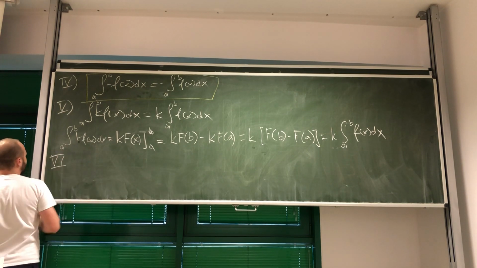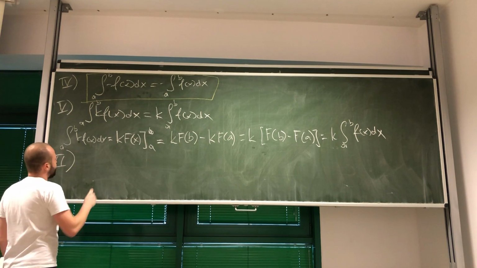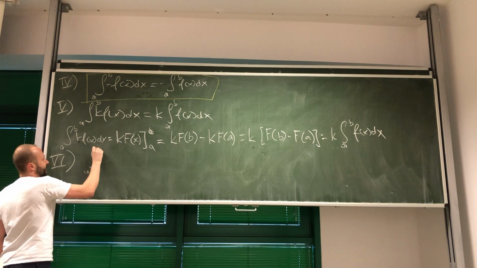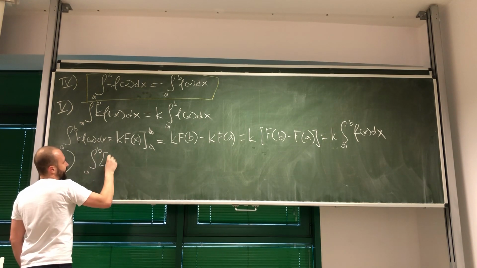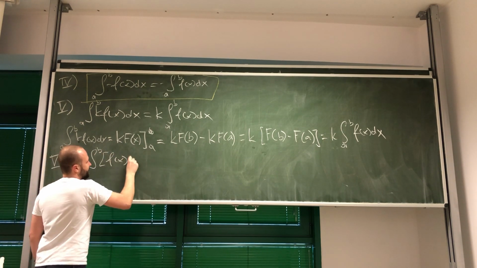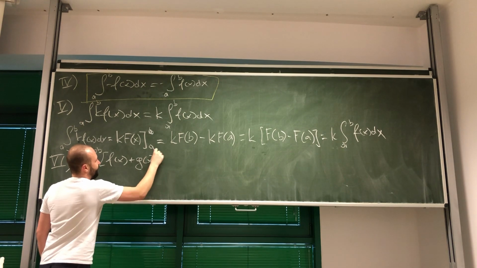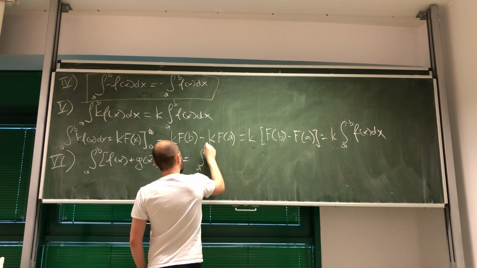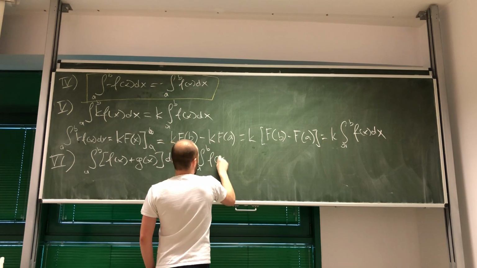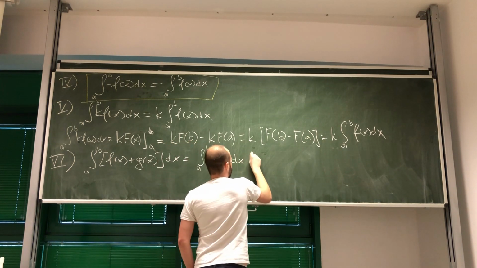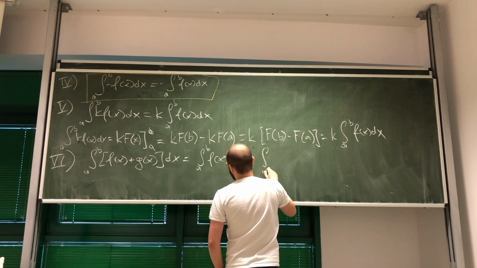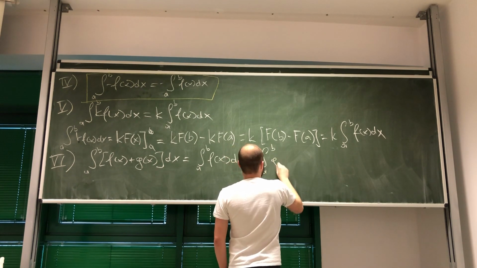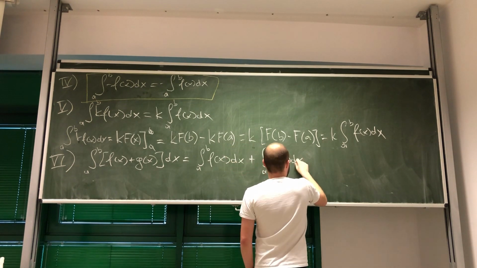So, for example, property number 6 says that the integral from a to b of f of x plus g of x dx is equal to the integral from a to b of f of x dx plus the integral from a to b of g of x dx.